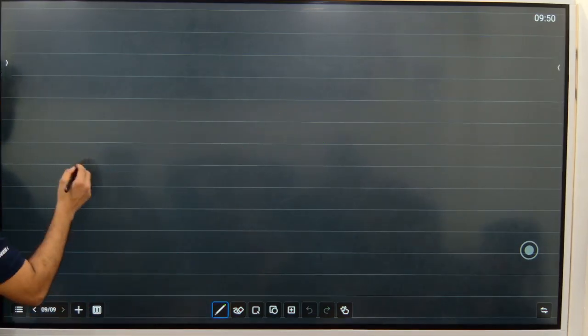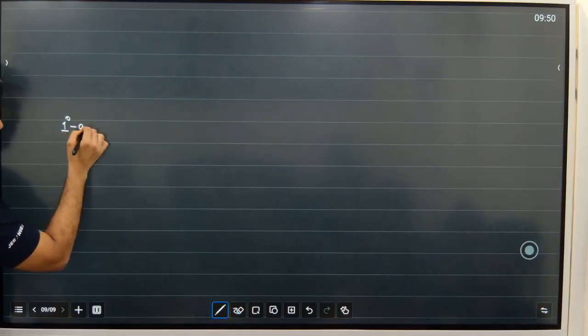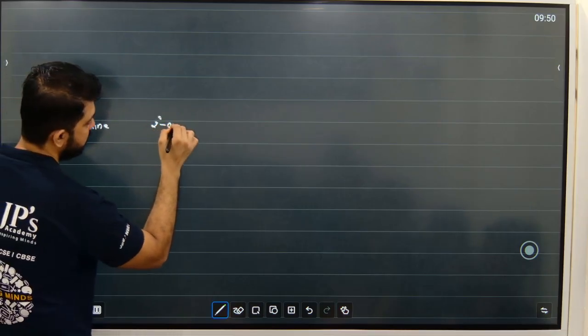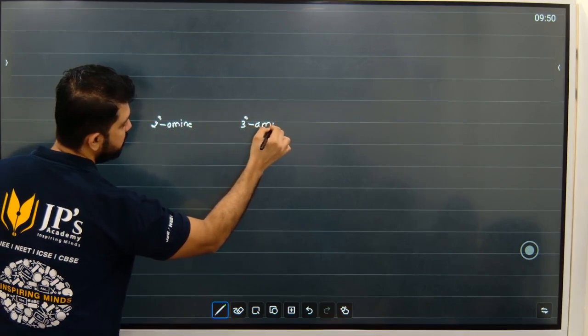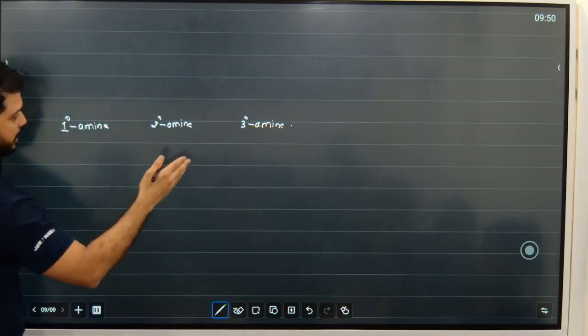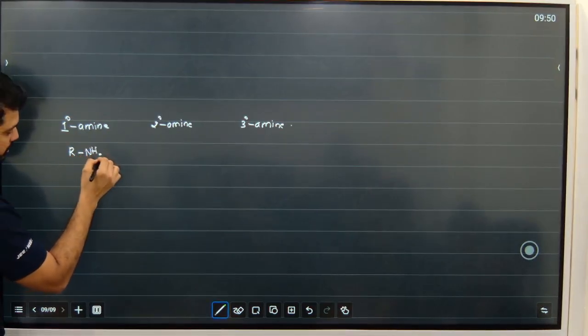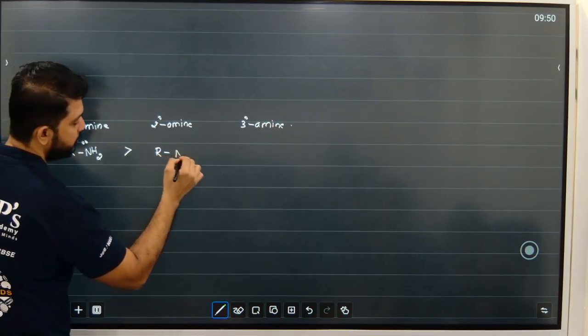And the same if I consider different types of amines. Primary amine, secondary amine and tertiary amine. Again something nomenclature अब तक किया नहीं है. We'll study this more in organic. इनको हम बोलते हैं primary amine.